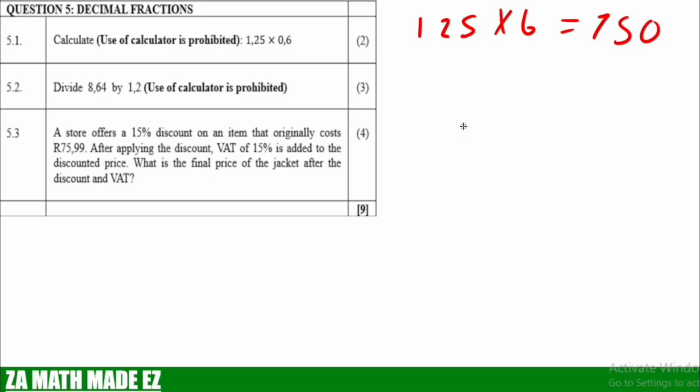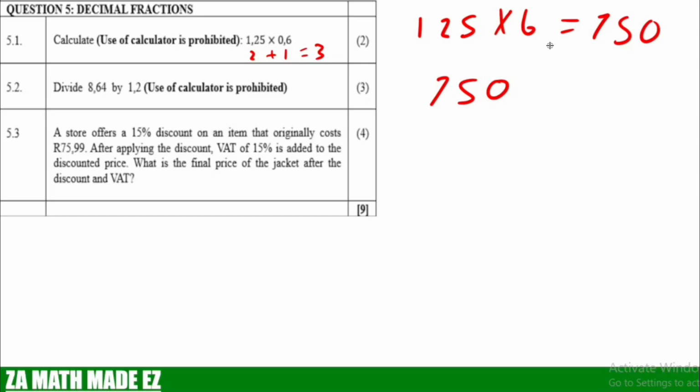Now you want to count the decimal places from the right. 1.25 has 2 decimal places and 0.6 has 1. So we add them together, that'd be 3.